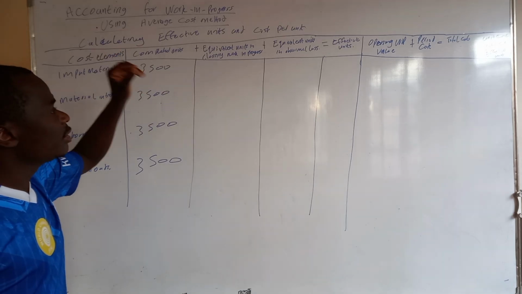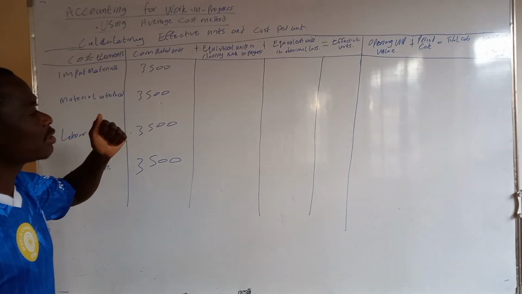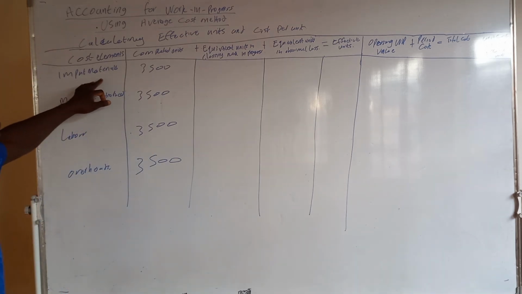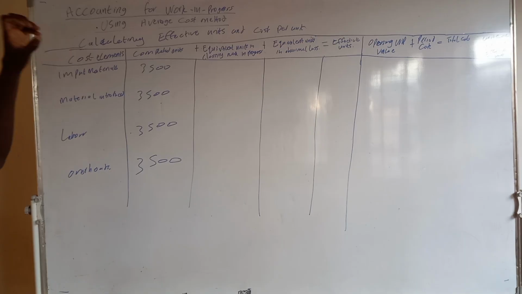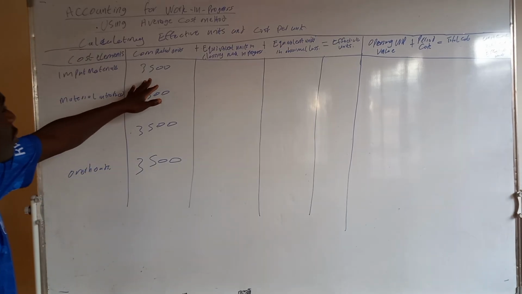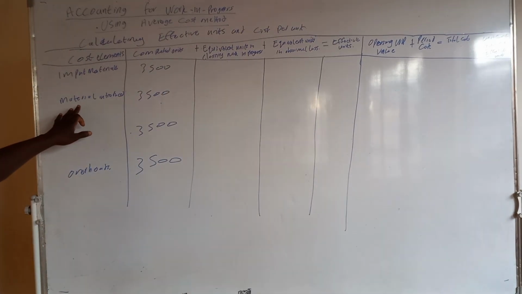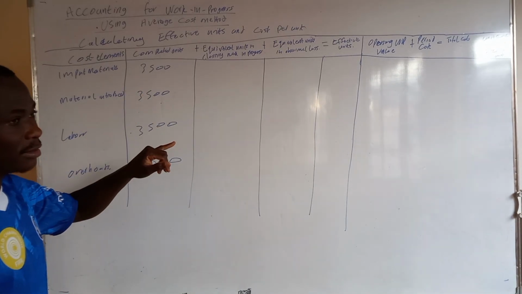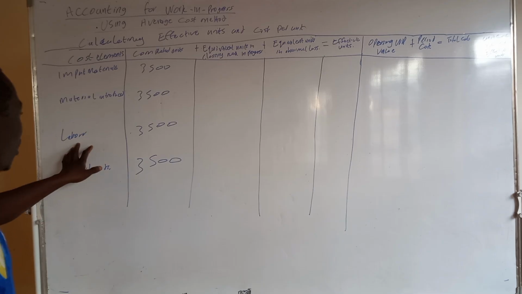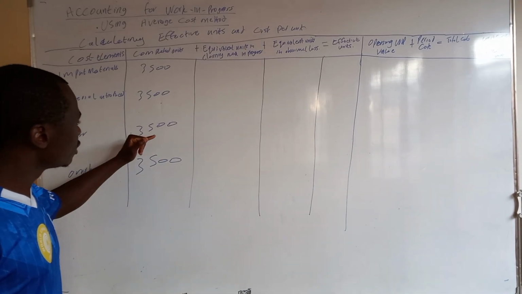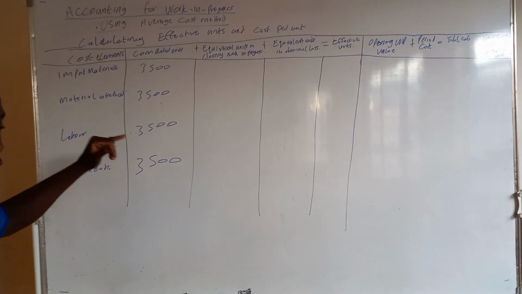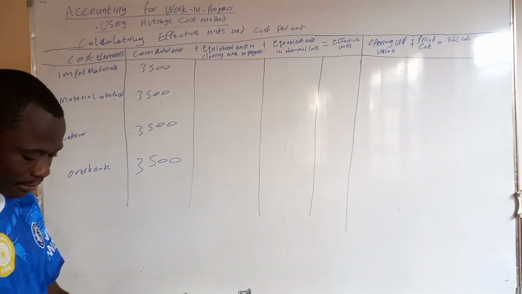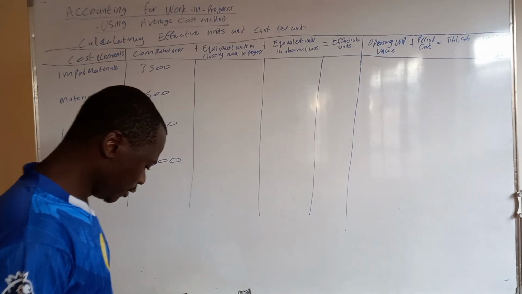Therefore, the cost of input materials for 3,500, the material introduced cost for 3,500, the labor that we used on the 3,500 completed units, and the overhead that we used on 3,500. I hope you are following.